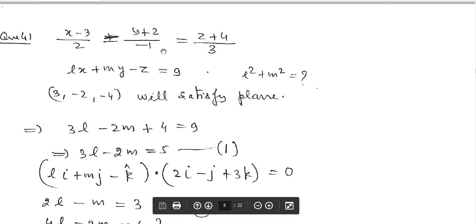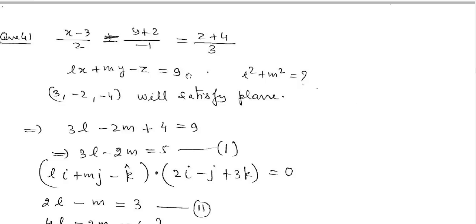This is the line and this is the plane, as given. We need to find the value of this, and you need to find the distance along the line. The line is passing through 3, -2 and 4.